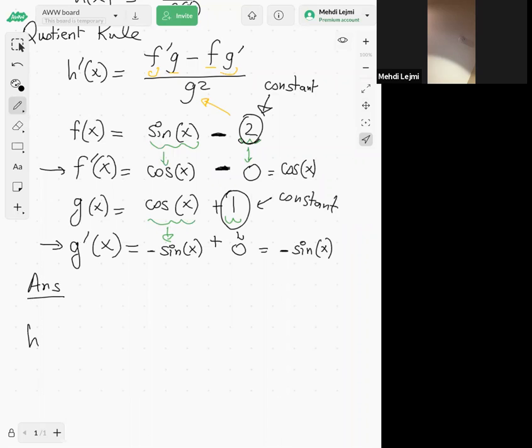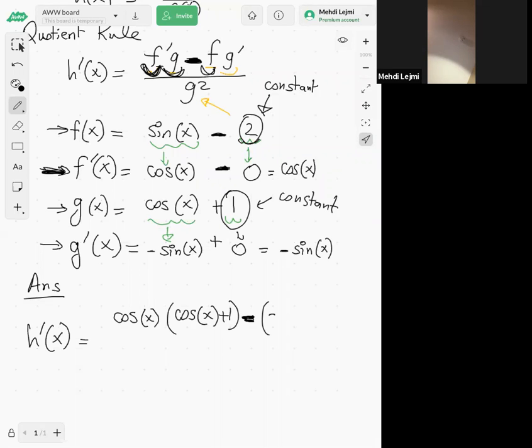So my h prime of x, that will be first, I have f prime. So here's my f prime. We said it's cosine of x times g. We know g, right? It's cosine of x plus 1. So times cosine of x plus 1. Minus, because there is a minus here in the formula. So minus again here. There's f, this f here. So here's f. It's sine of x minus 2.